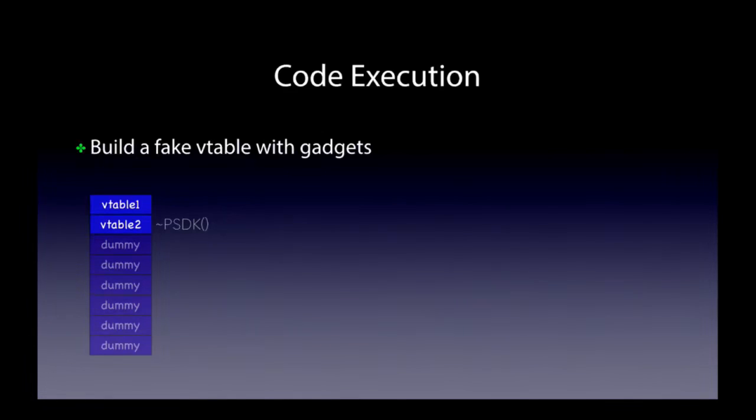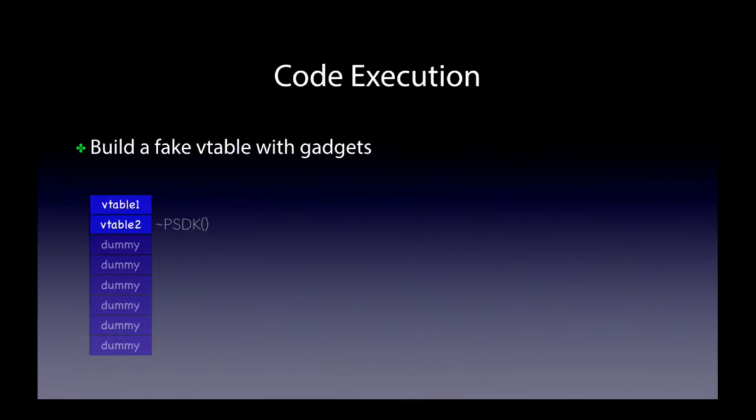The reason we choose the second virtual function table instead of the first one is that, as you can remember, it is the temporary space that occupies and controls the memory of PSDK. And the release of this temporary space has one minor side effect. It modifies the first byte of the current class memory, meaning that we cannot fully control the first virtual function table. So we choose the second one.